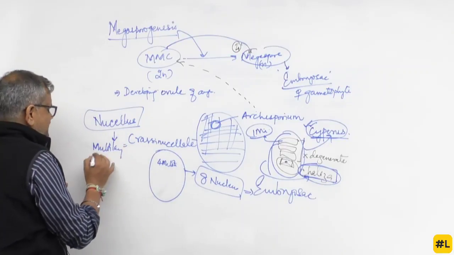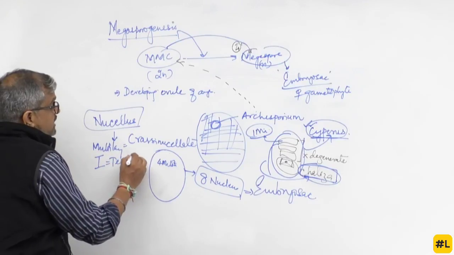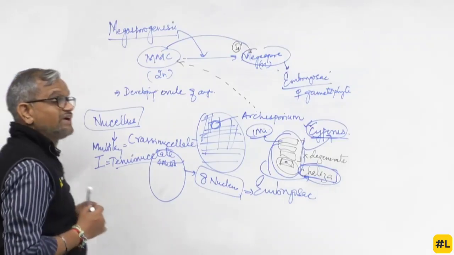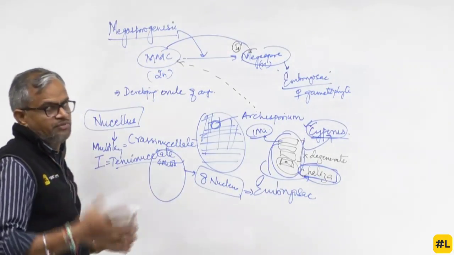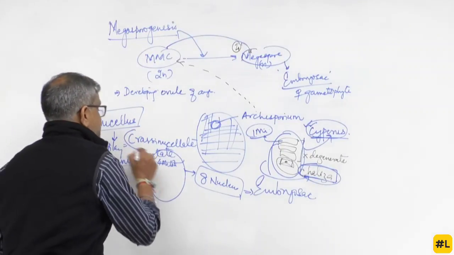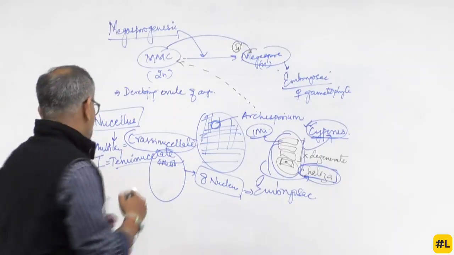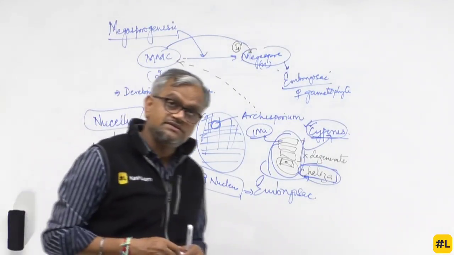When it is single layered, it is called tenuinucellate. That is the reason when you see a big, thick ovule, remember it is crassinucellate, and when you see pulses very dry, you call it tenuinucellate, right?